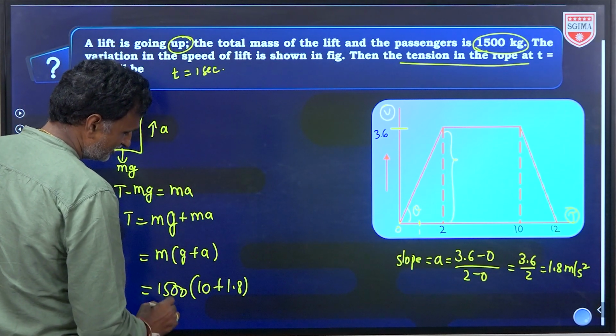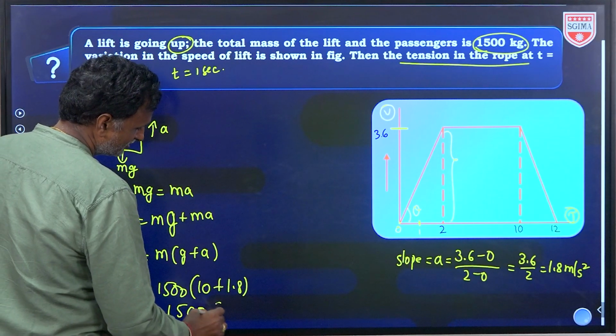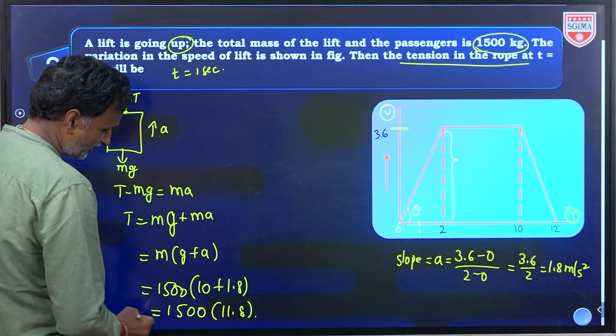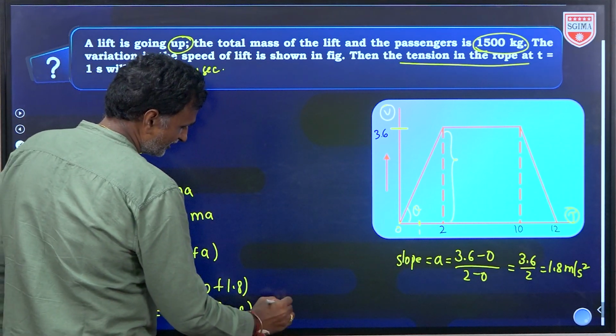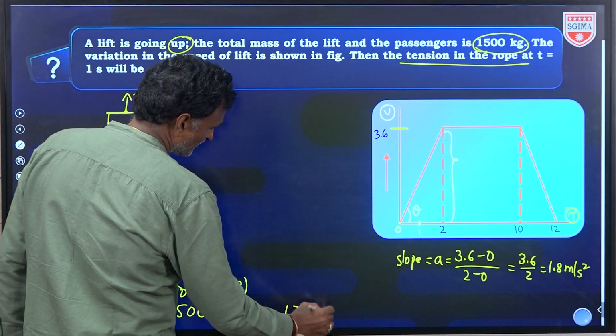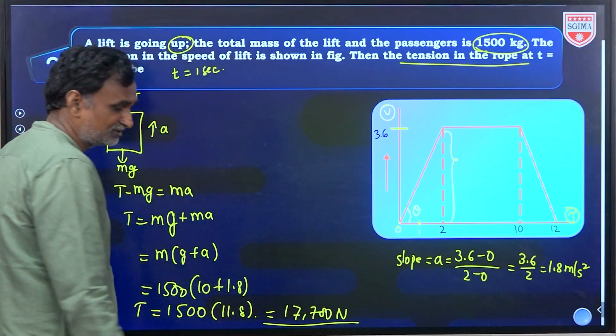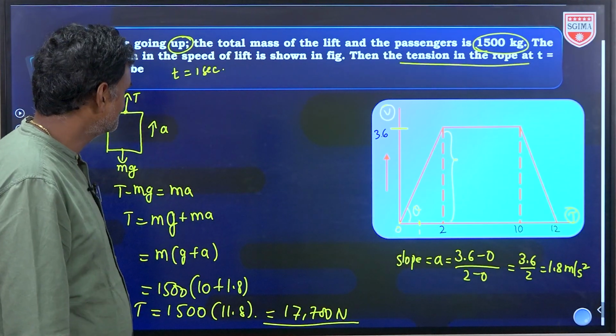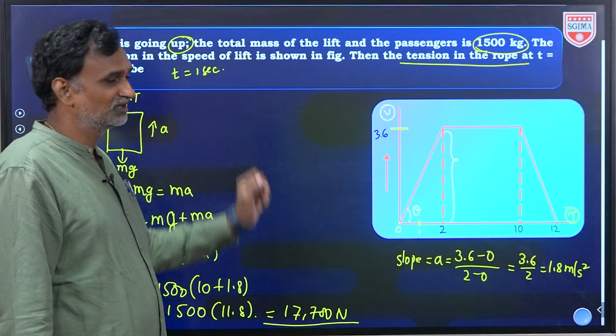So we can write 1500 into 11.8, since 10 plus 1.8 is 11.8. On multiplication it comes to approximately 17,700 newtons. So this is the value of the tension in the cable of the lift.